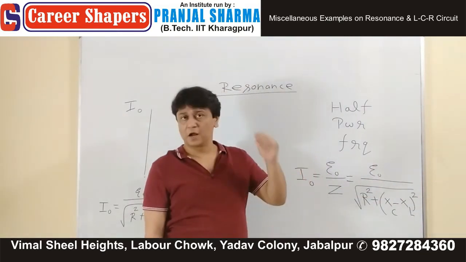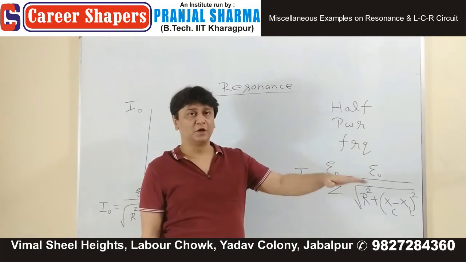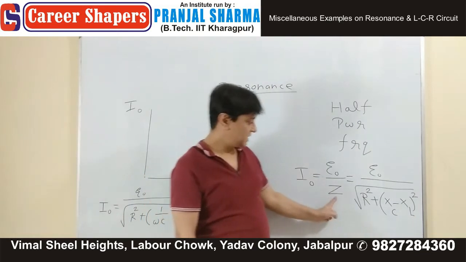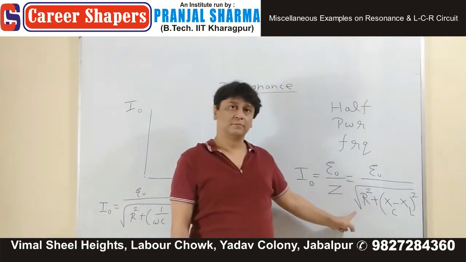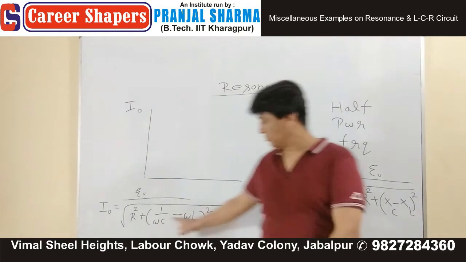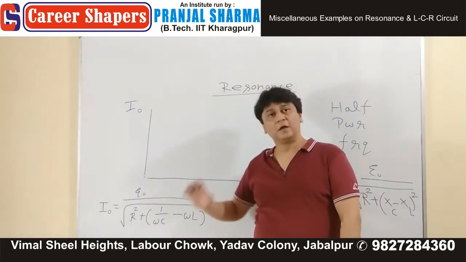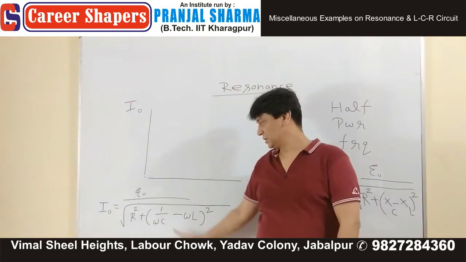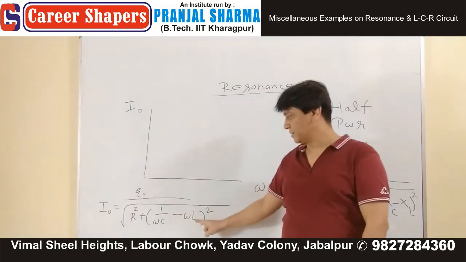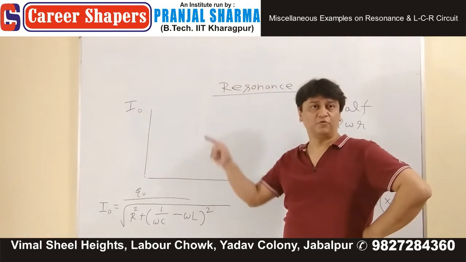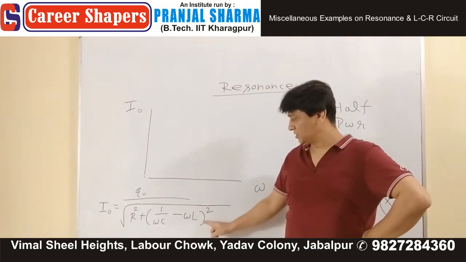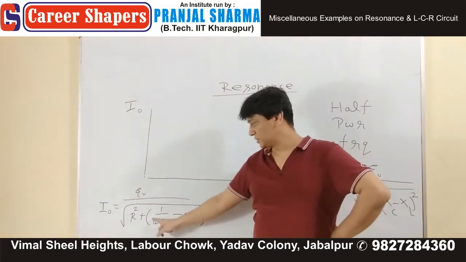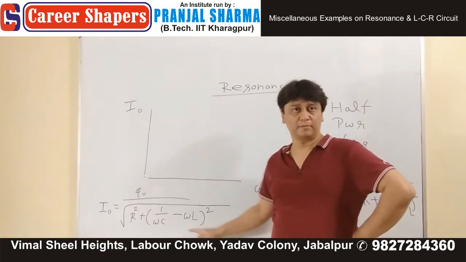Which means there are two different values of omega for which your Z is same. Look at this. If you take a value of omega for which 1 upon omega C minus omega L comes 5, then this is 25. You take another value of omega and this thing becomes minus 5.